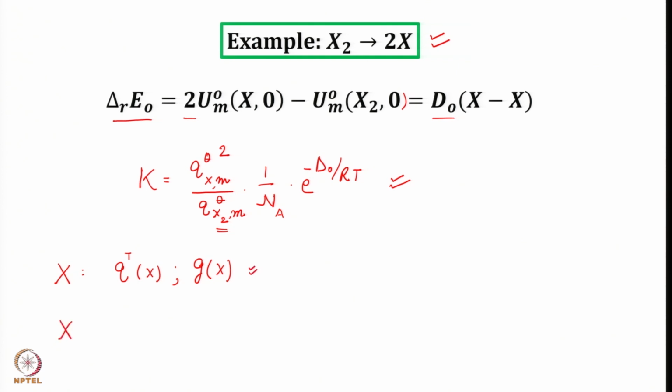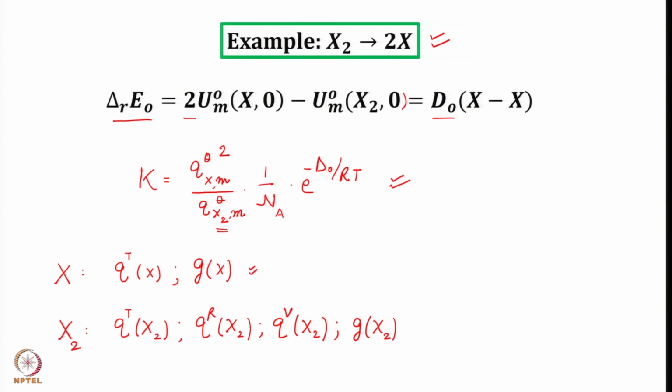For molecule X2, I will require Q translational for X2. I will require Q rotational for X2 because being a diatomic molecule, it can undergo rotation. I will require Q vibrational and I will also require the degeneracy of the ground state.